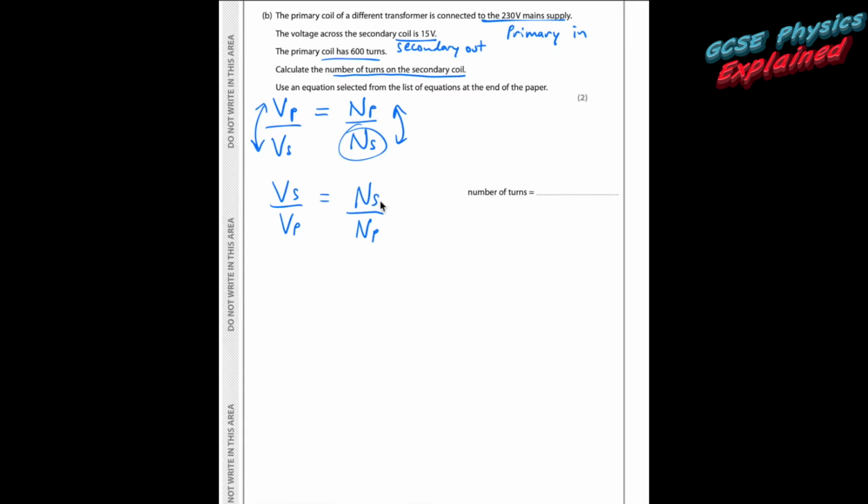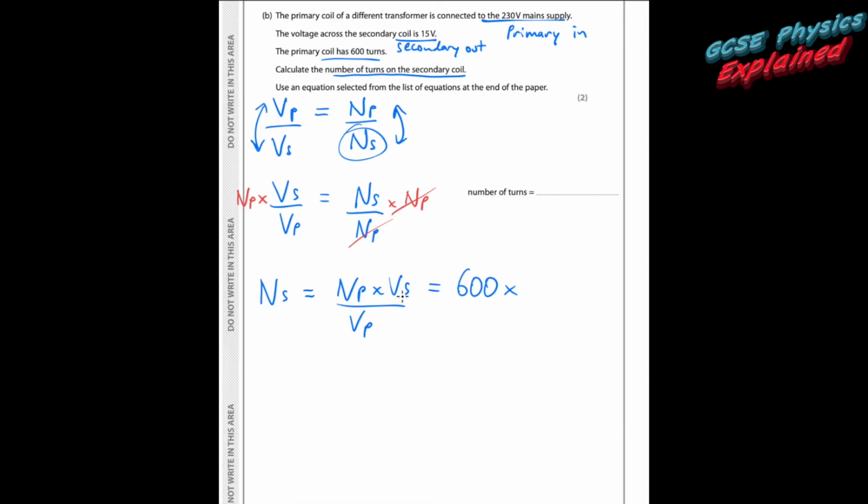Now we just need to get NS by itself. So if we multiply both sides by NP, then that NP will cancel out by that NP, and it'll just leave us with NS equals NP times VS over VP. So NP is the number of turns on the primary, which was 600.